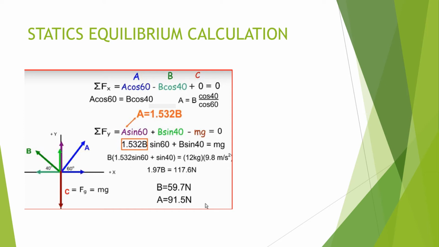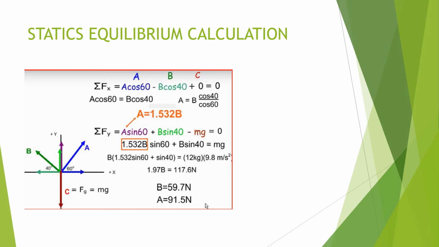To solve that, we can use the equation that all the forces on the x-axis balance each other, which can be translated into tension A multiplied by cosine 60 degrees equals tension B multiplied by cosine 40 degrees.